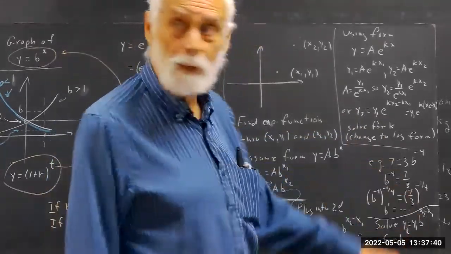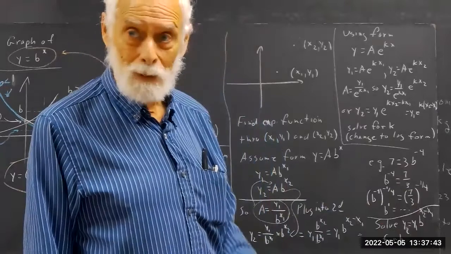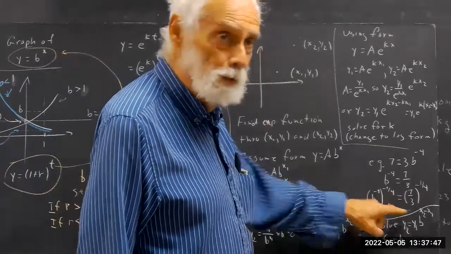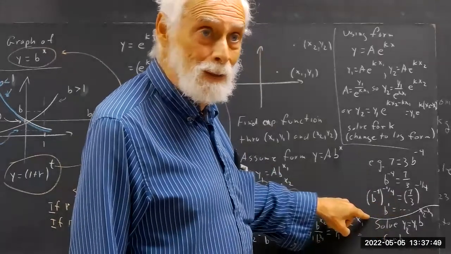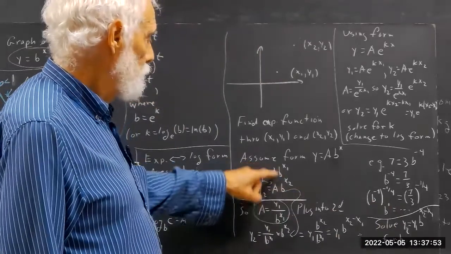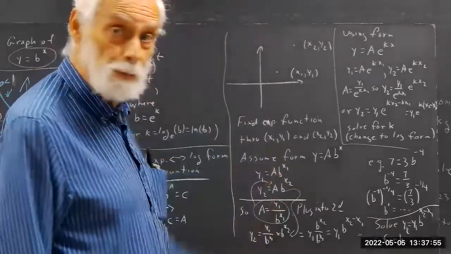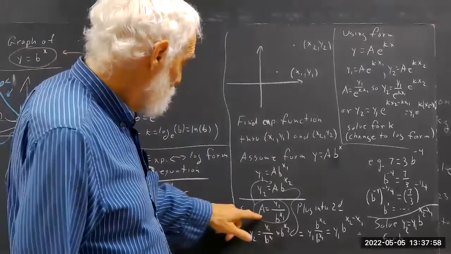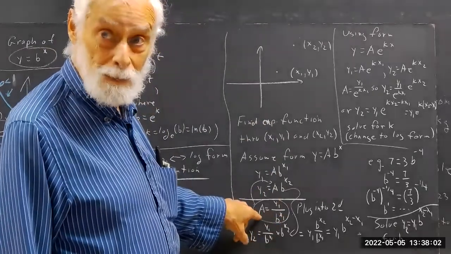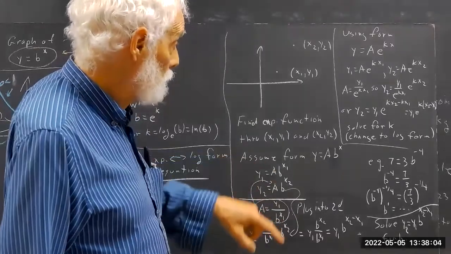And negative 4 times negative 1/4 is, as you might expect, 1. So you get b to the 1 equals this. Well, that's just b. Now that you know b, you plug that back into either of these equations, which will have numbers in them, or just into this. If you know b and x1 and y1, you get a. Then you have your model.